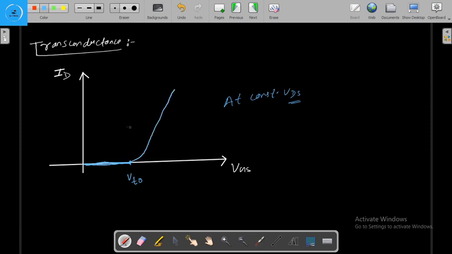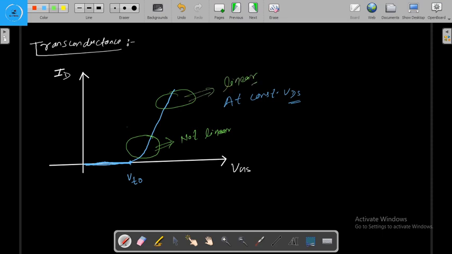So let us see this curve between the ID and the VGS. In the starting we are seeing the curve is not linear, it is non-linear, and here we are seeing the curve is linear.